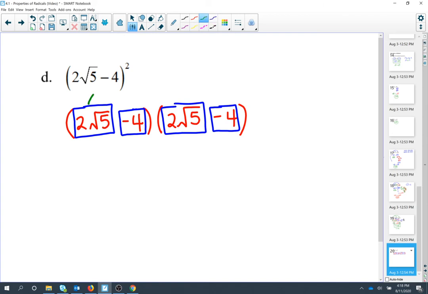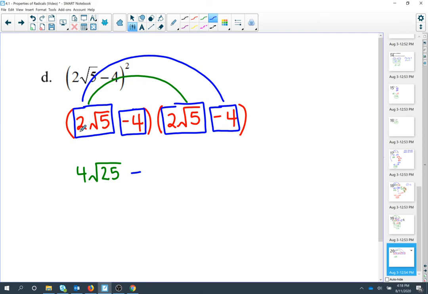So I'm going to take my first box times my first box. Outsides, 2 times 2 is 4. Insides, 5 times 5 is 25. Next one, 2 root 5 times negative 4 is going to be a negative. Outsides, 2 and 4, 8. Inside, I just have a root 5.